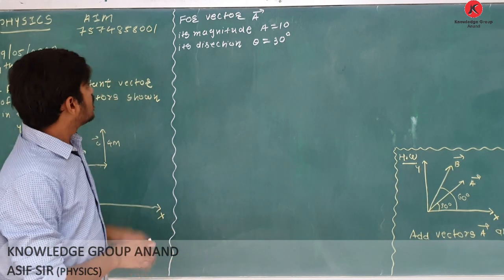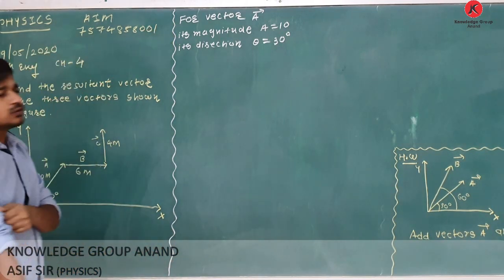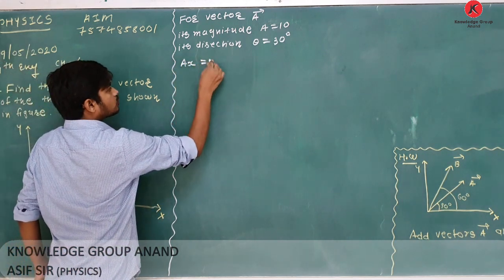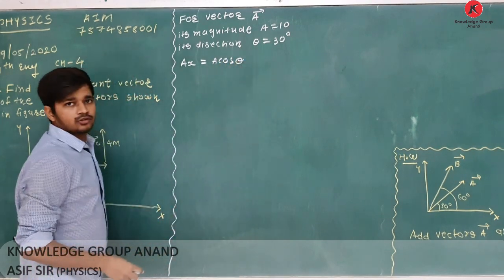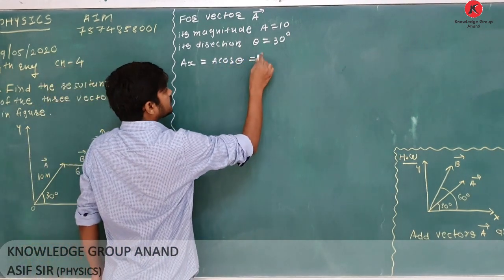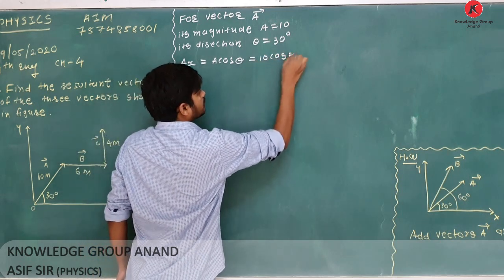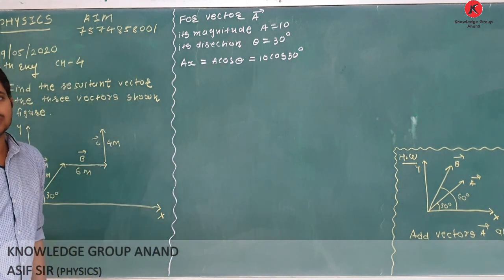For vector A, magnitude A is equal to 10 and direction theta is equal to 30. So simple, its two components: Ax is equal to A cos theta. What is the value of A? A is 10. Cos theta means cos 30. You know the value of cos 30?